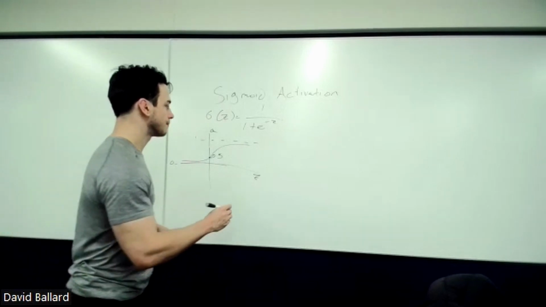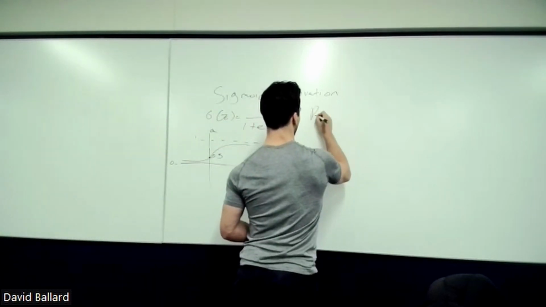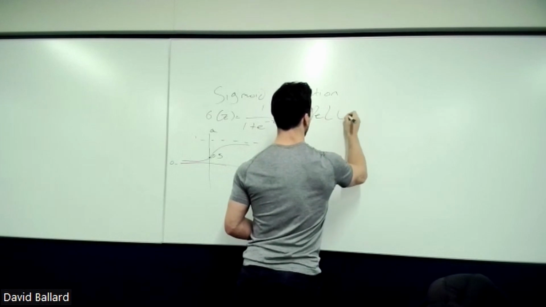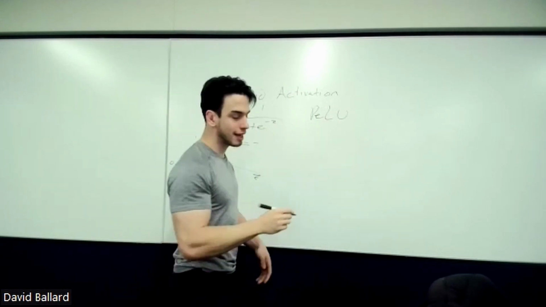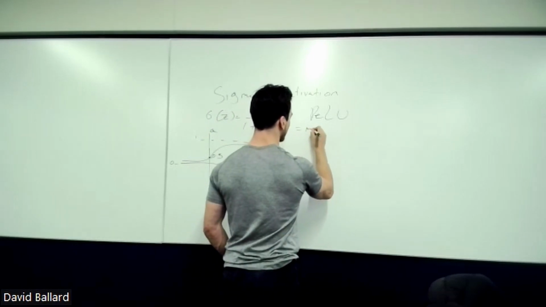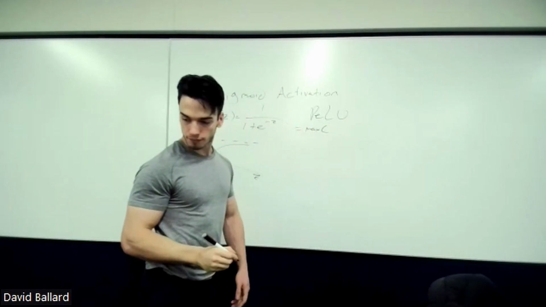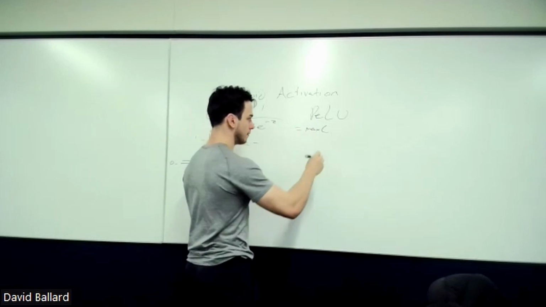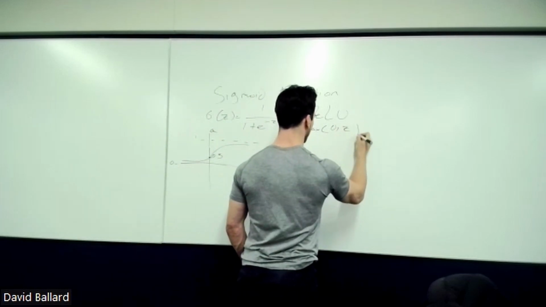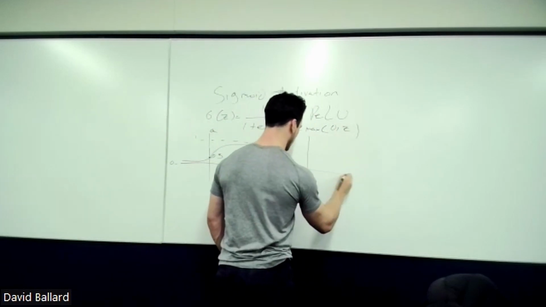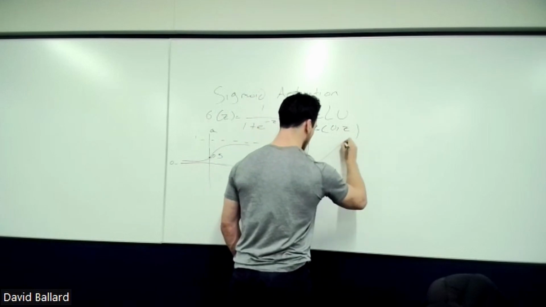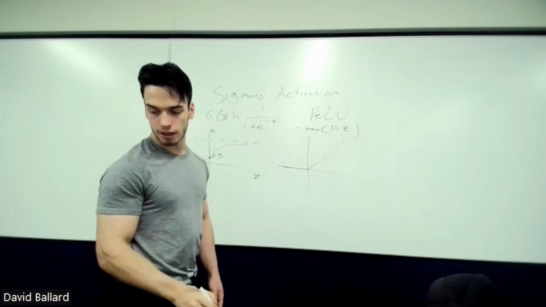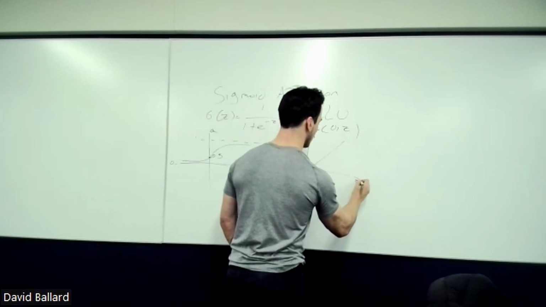Another example is the rectified linear unit, which is ReLU for short. It's simply the max between 0 and z. So what does that look like? It's 0 here, where it's negative, and it's linear after.